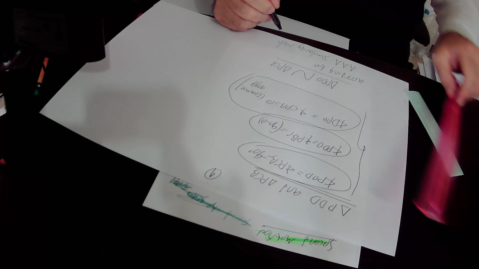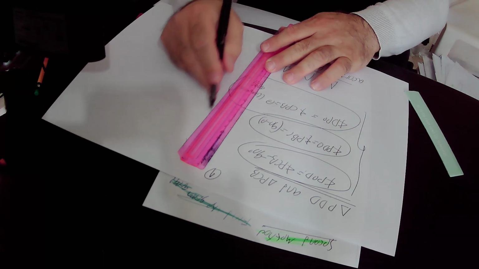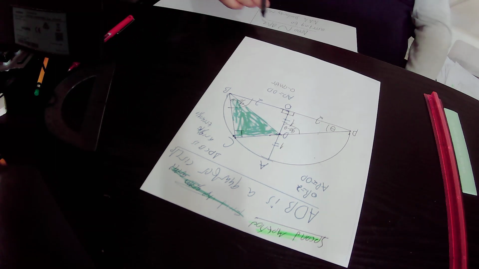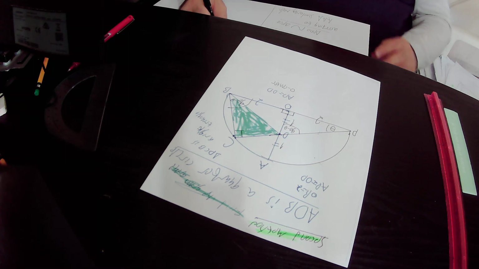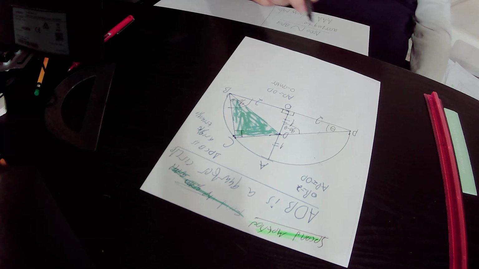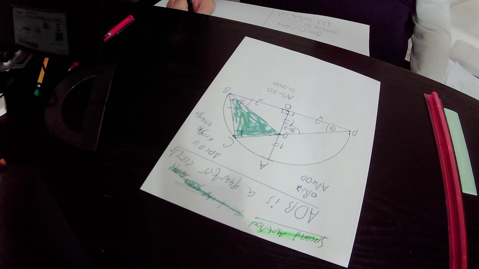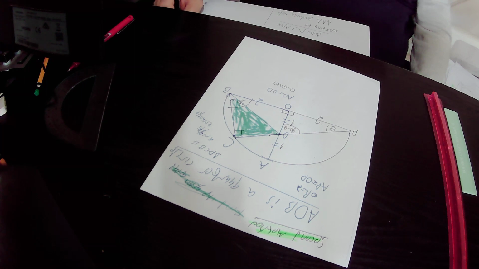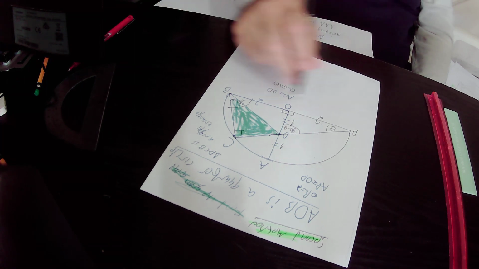And from the fact that the two right triangles are similar to each other, we conclude that the following relationship exists between their sides. We conclude that PD over PB equals DO over CB, and it is equal also to PO over PC.